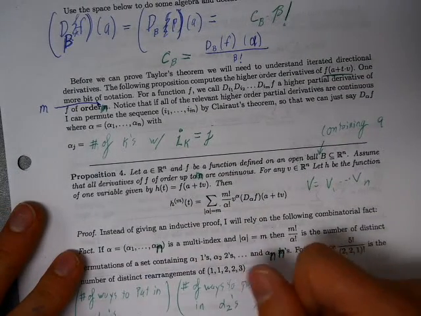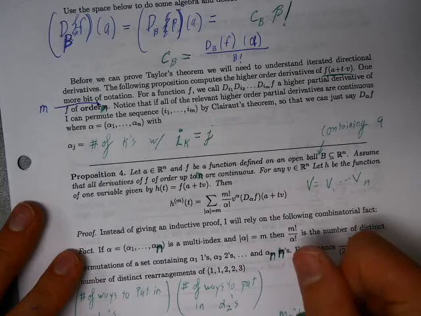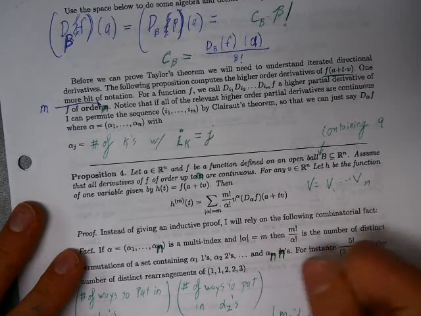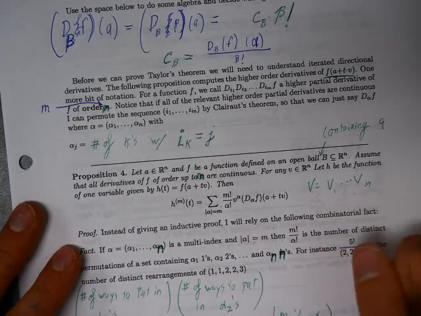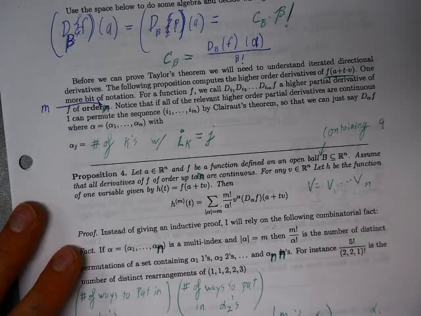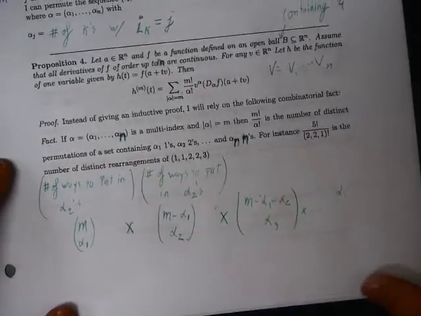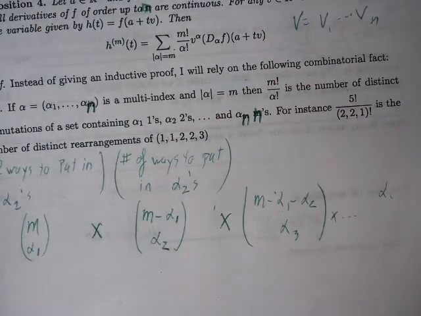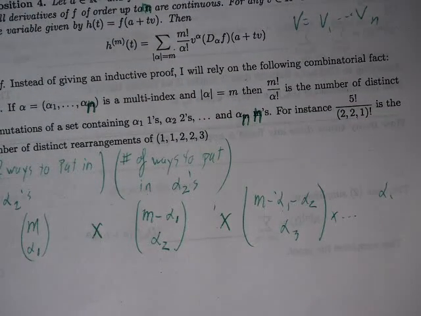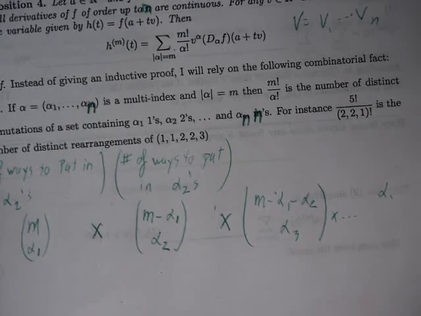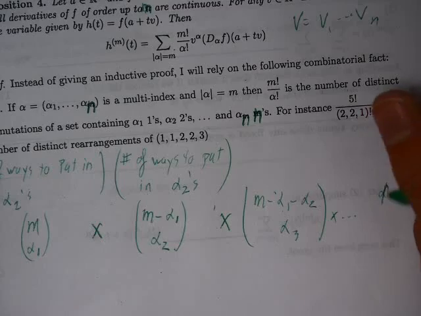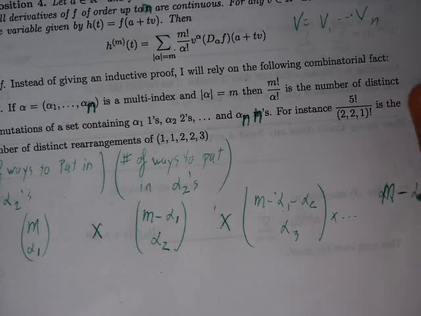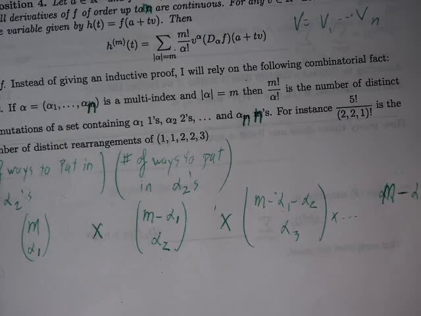You just slide it down. Oh, yeah. As far as I can see, it's totally invisible, but does it look okay? Okay. Keep on going until you get m minus alpha 1 minus alpha 2 dot dot dot minus alpha n minus 1.